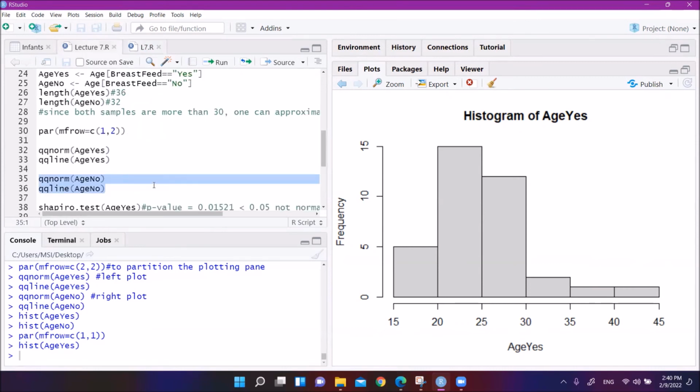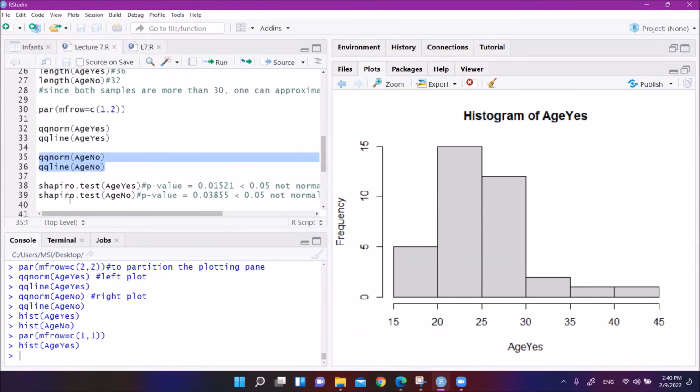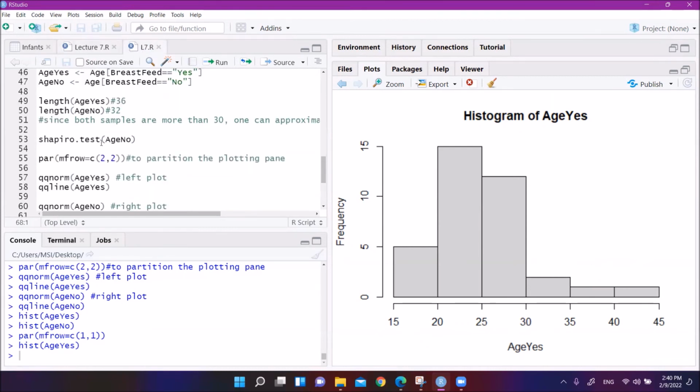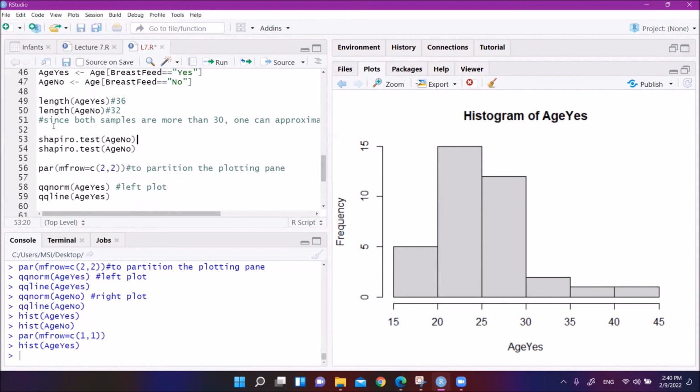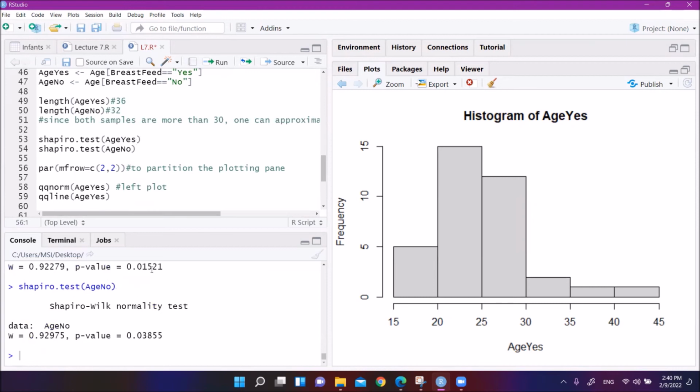Okay. Then I think we performed the Shapiro test. Yeah, we did the Shapiro test for age, yes and age, no. And we got the p-values which are less than 0.05.